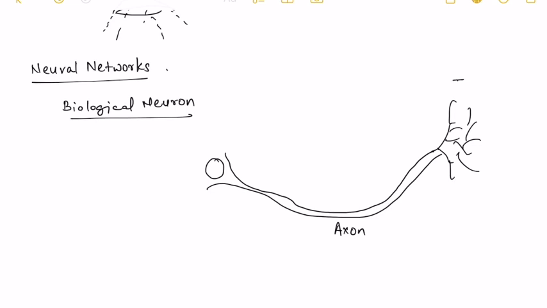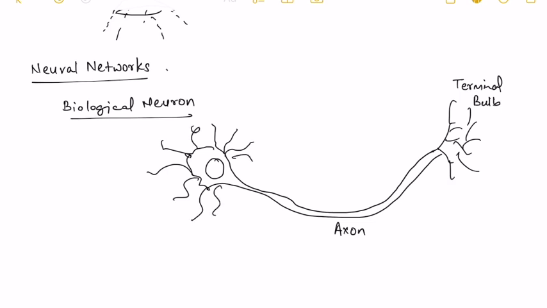This is called the terminal bulb, whereas the endings here that come out of the cell body are called the dendrites.